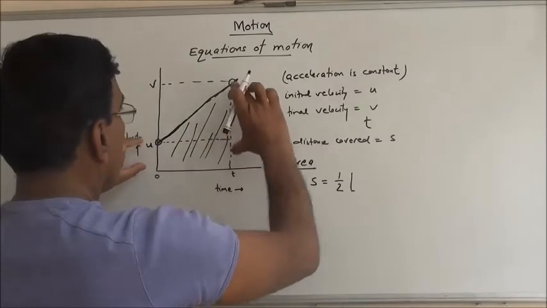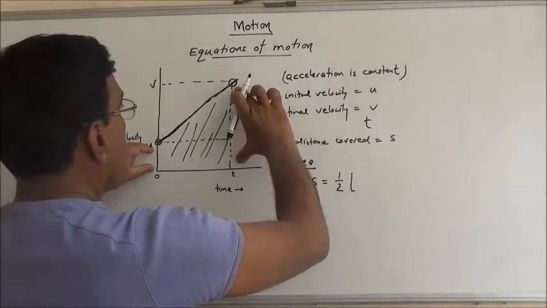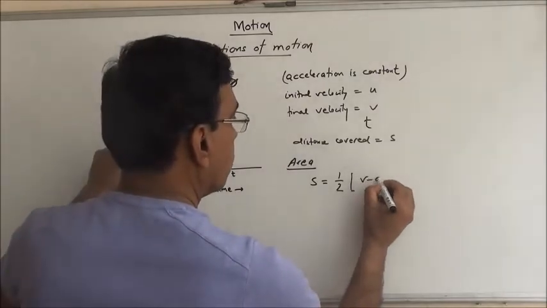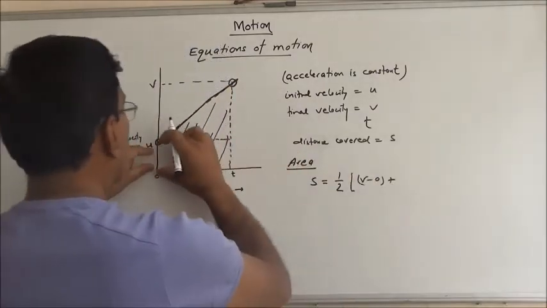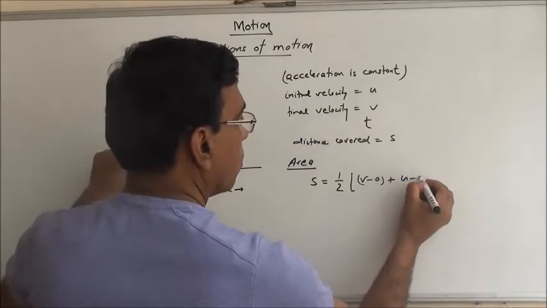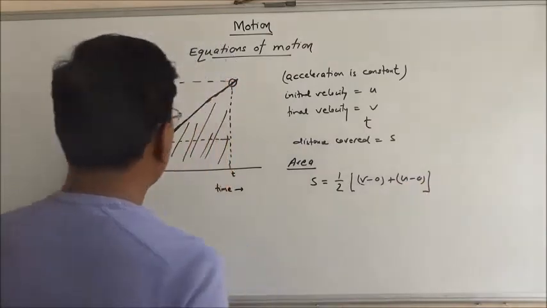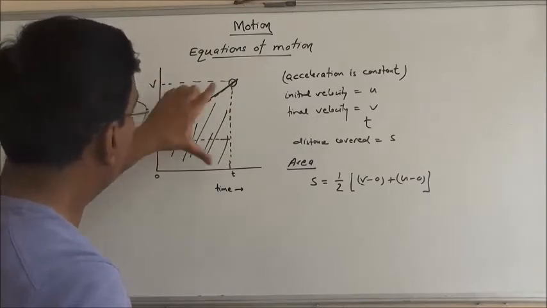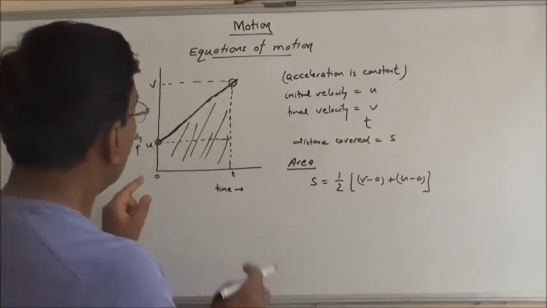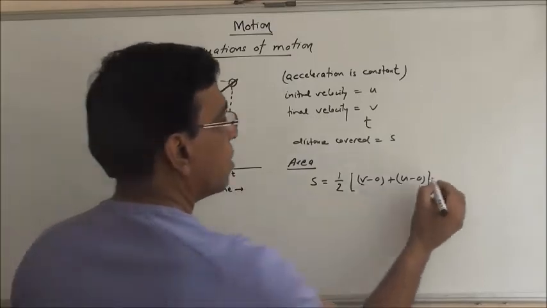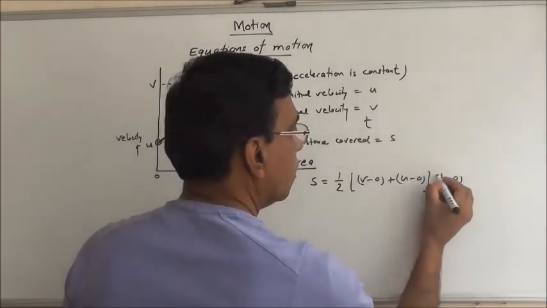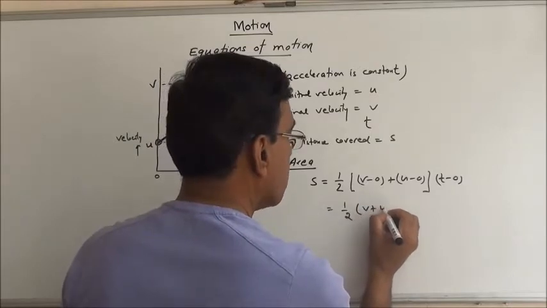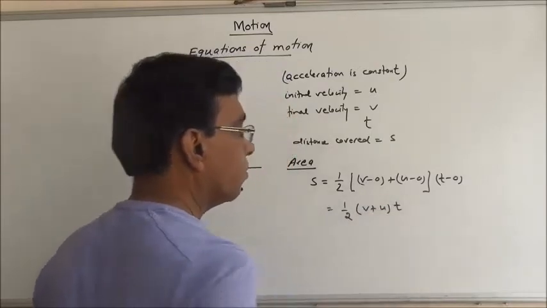For this trapezium, this and this, these two are parallel sides. What is the value of this? v minus 0. Another side, u minus 0. Half the sum of parallel sides, v plus u. Distance between the parallel sides, t minus 0. So it is half v plus u into t.